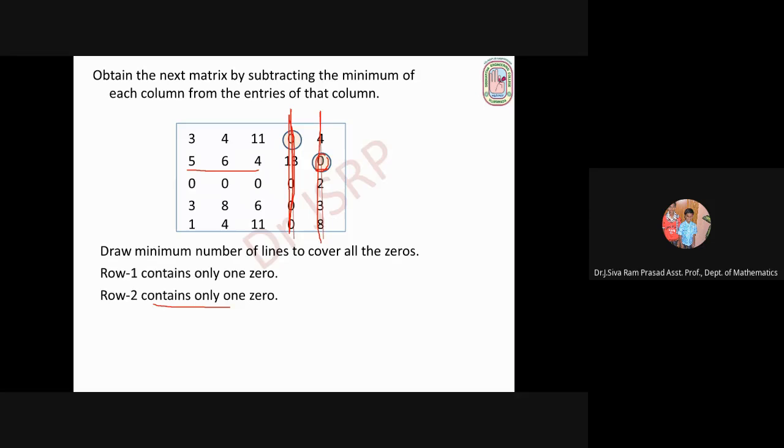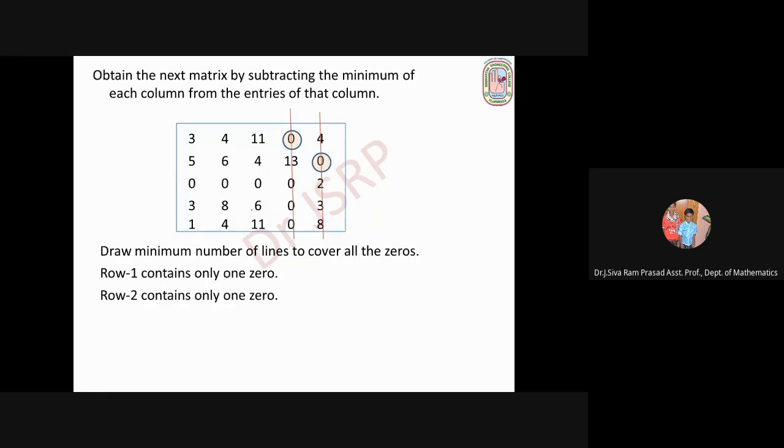That means fifth person is fixed to second job. Next, come to third row. You have to delete these 2 columns and observe only these 3 entries. So third row contains more than 1 0. There are 3 zeros. So skip the third row. Fourth row contains no 0. Fifth row also contains no 0.